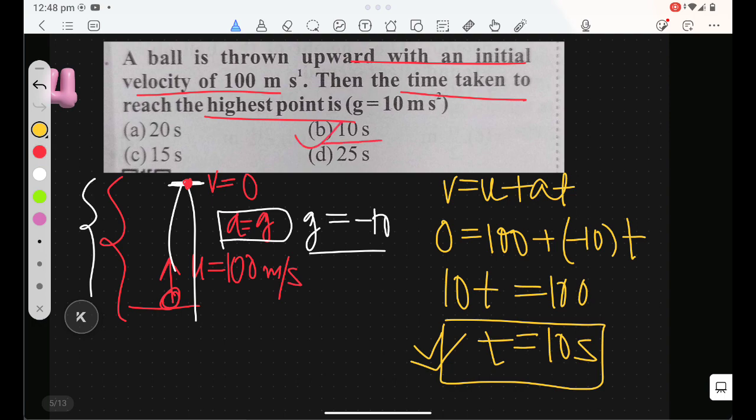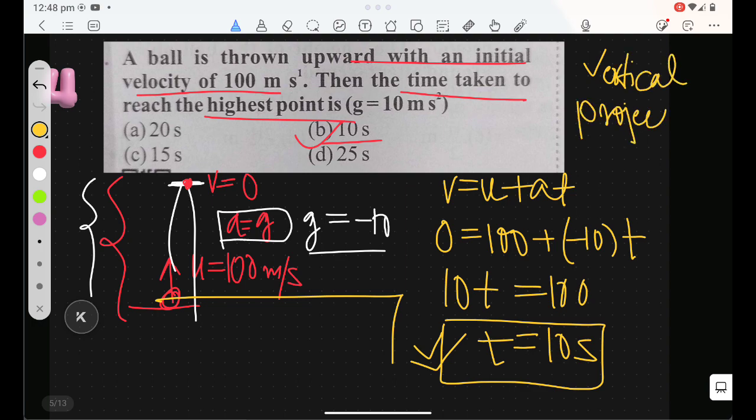There is a direct formula, if you can remember, for vertical projection: the time of flight is 2u by g.